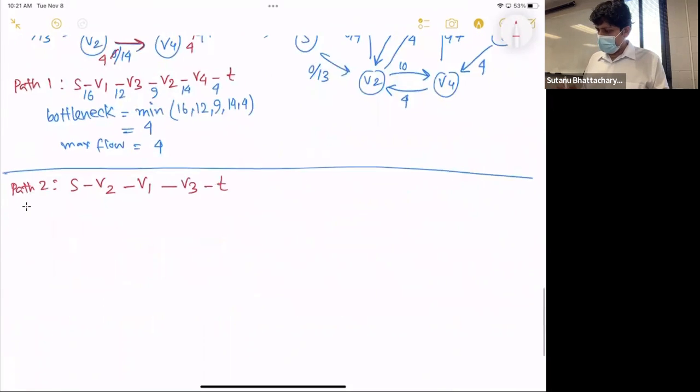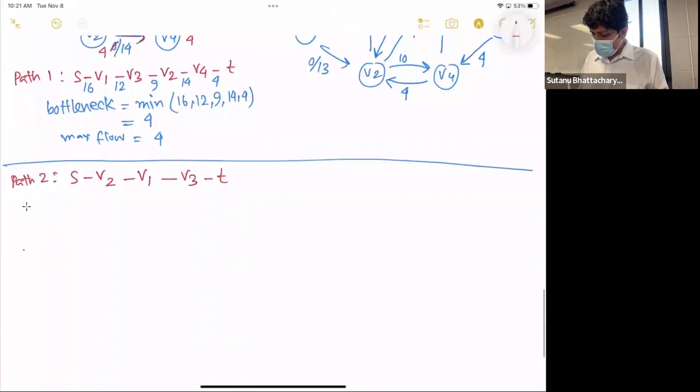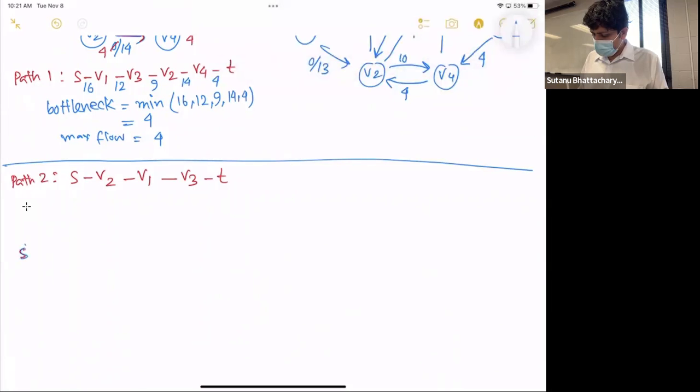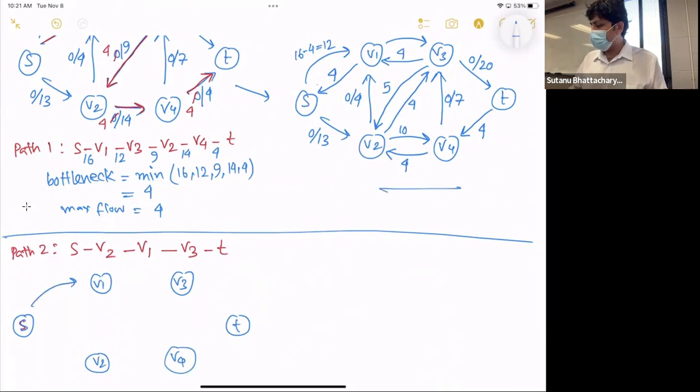I'm drawing the previous residual graph separately, not modifying this one, so that you don't become confused.